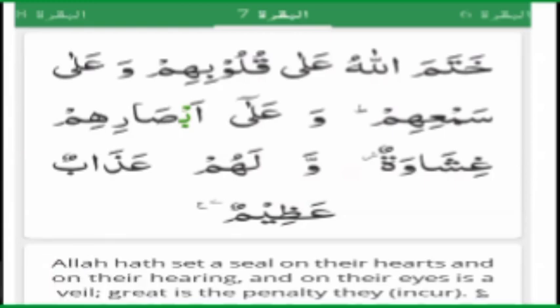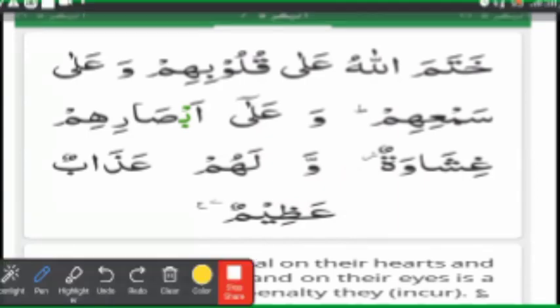ختم الله على قلوبهم وعلى سمعهم وعلى أبصارهم غشاوة ولهم عذاب عظيم. Ala qulubihim, on their hearts. Ala sam'ihim, on their hearing.